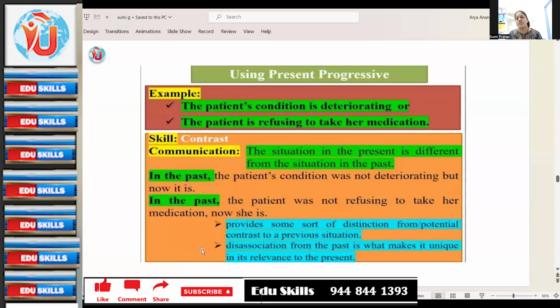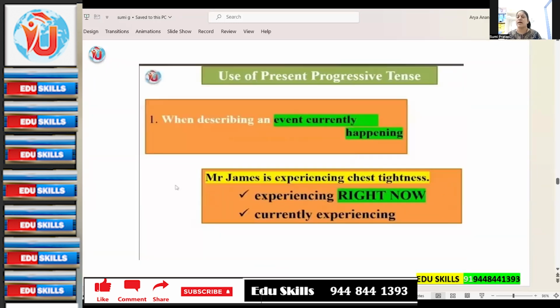If it is progressive, if it is continuous, the same pain, we can write. We can see here examples given, present continuous or progressive tense. The present continuous is employed to describe actions that are ongoing at or around the moment of speaking or writing. Okay, both we can use the tenses.